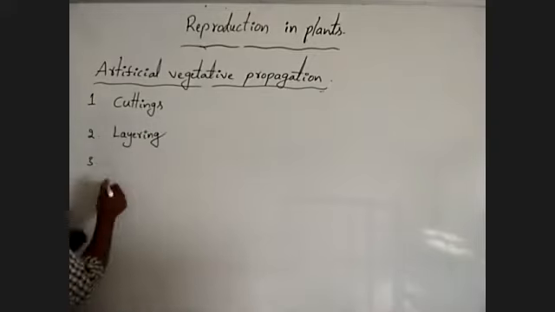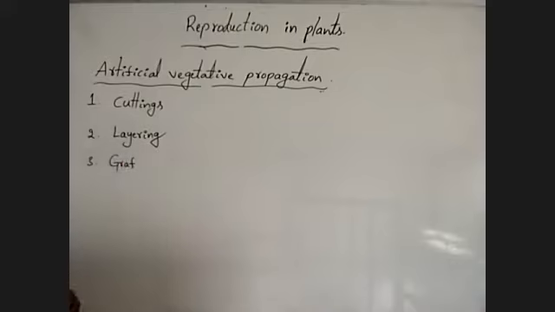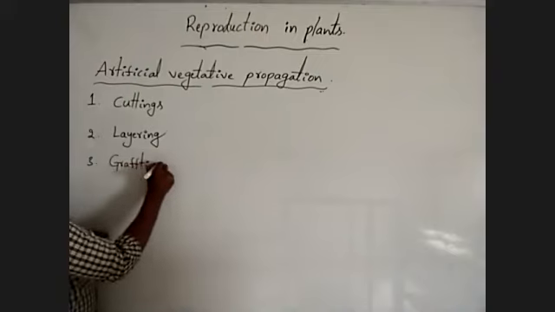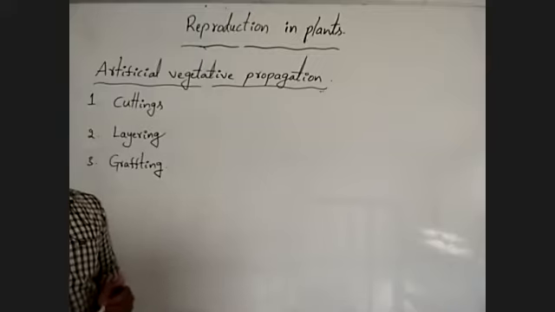Third one, grafting. These are the three important types of artificial vegetative propagation.